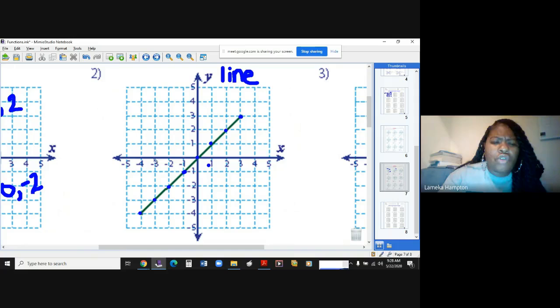And if I go over 3 to the left and down 3, that is a -3, -3. And if I go from here to -4 to my left, and I go down 4, then it will be -4, -4. So because I have one input for one output.